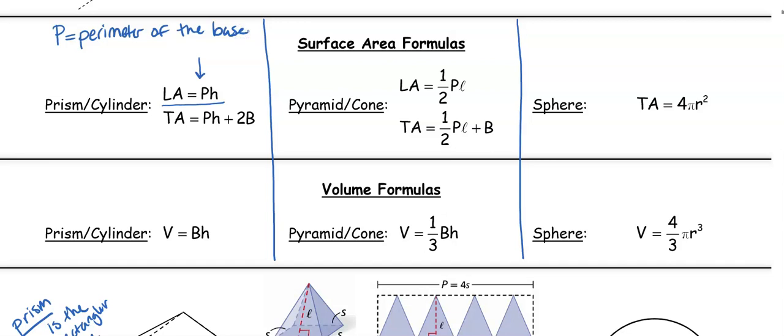So again, in a cylinder, the base is a circle, and in a prism, the base is the non-rectangular side. This H is coming from the prism cylinder formula, so this is going to be the height of the prism or cylinder.